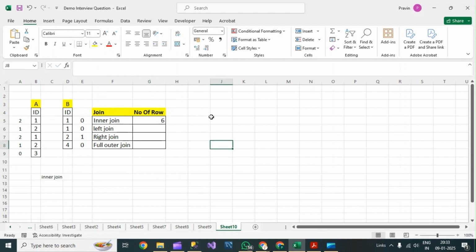If I show you the output for the inner join, this is the A table, and this is the B table.